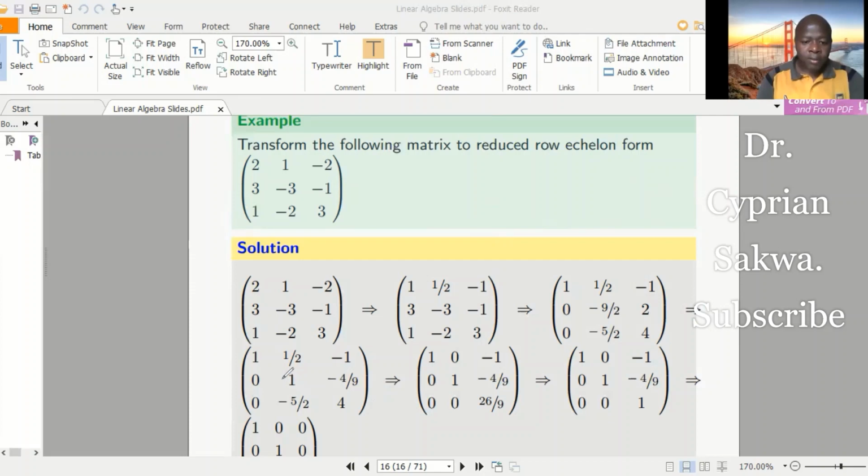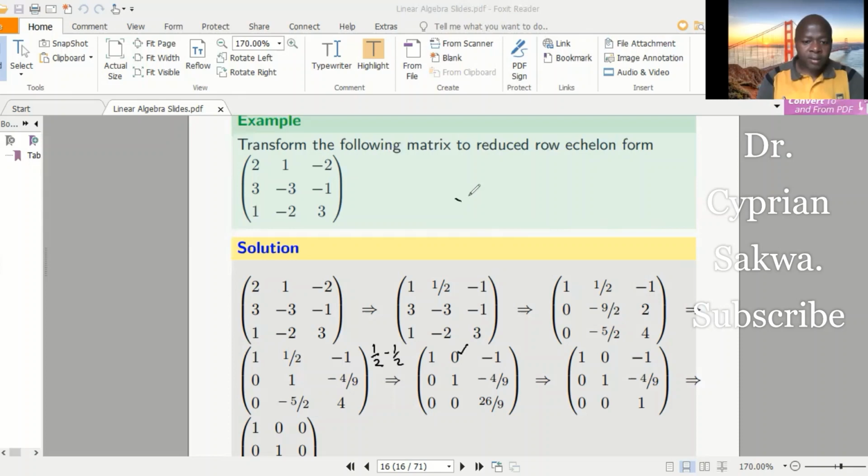So if I multiply this by half and subtract from this a half, I'll have a 0. And do the same for this.